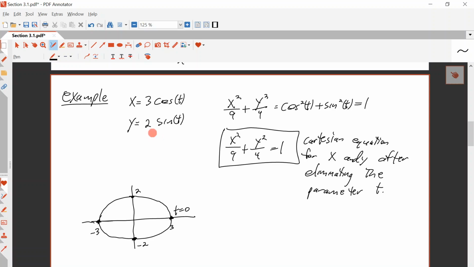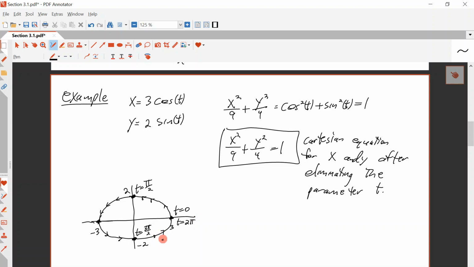At t equal to pi over 2, x is 0 and y is 2, so we're up here. So as t is increasing, we're moving along the ellipse in this direction. Right, and then at t equal to 3 pi over 2, we're right here. And at t equal to 2 pi, we'd be right there.